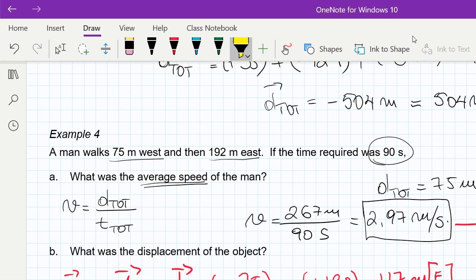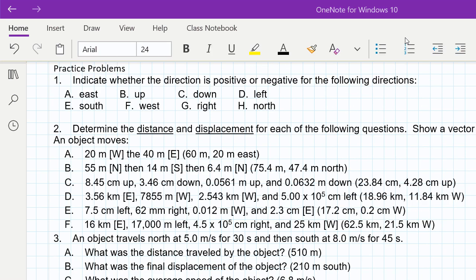And as you see here, even though we are talking about the same motion, the speed and the velocity are two different numbers. So there are no surprises here. Okay, questions? So now you can work on those 5 practice questions.